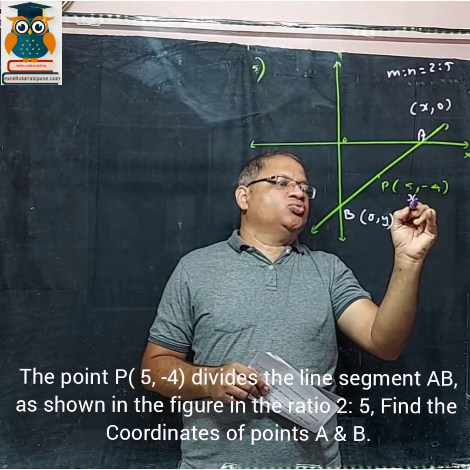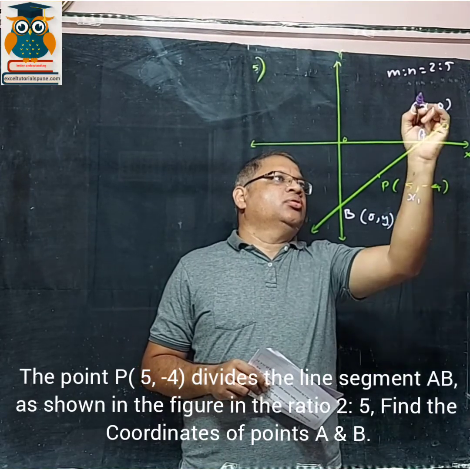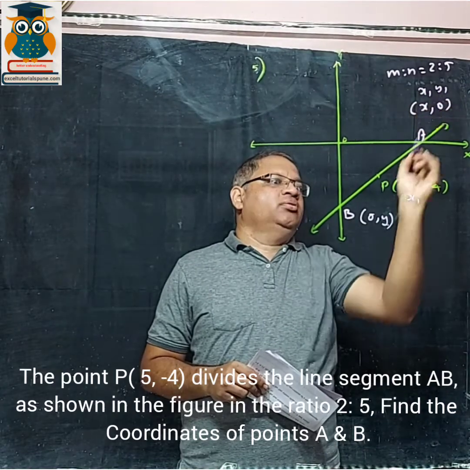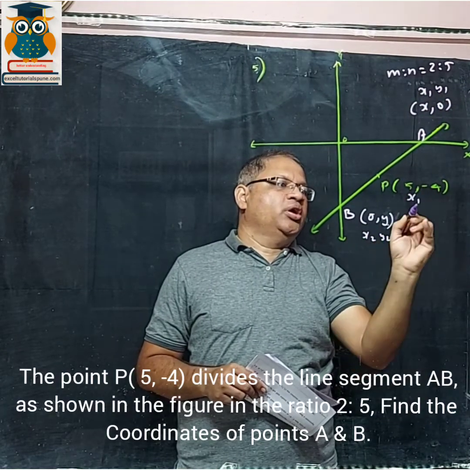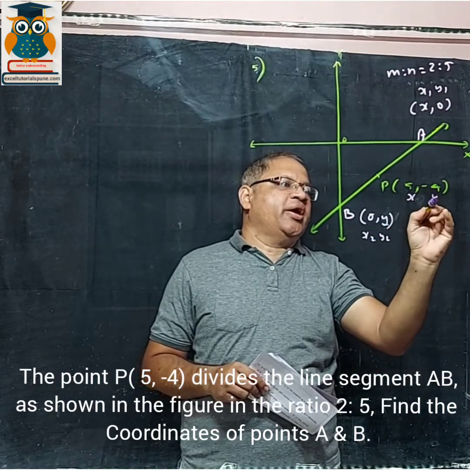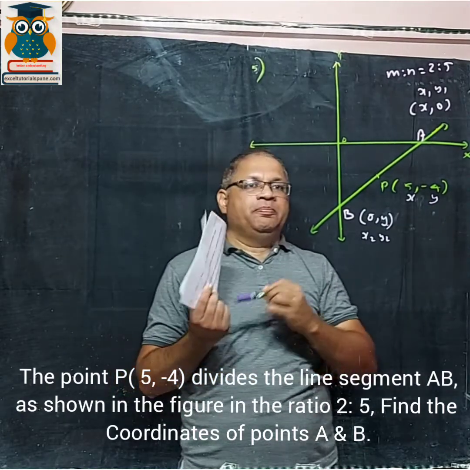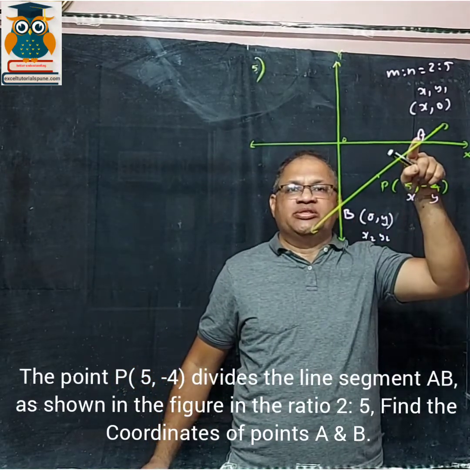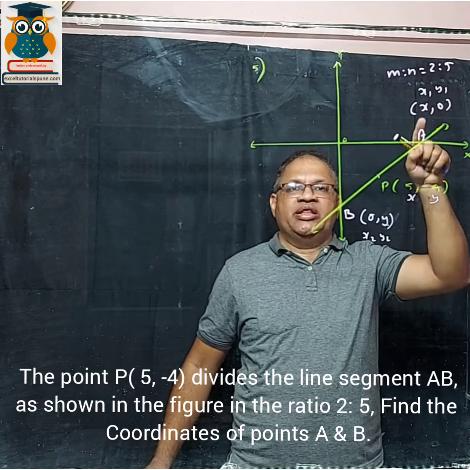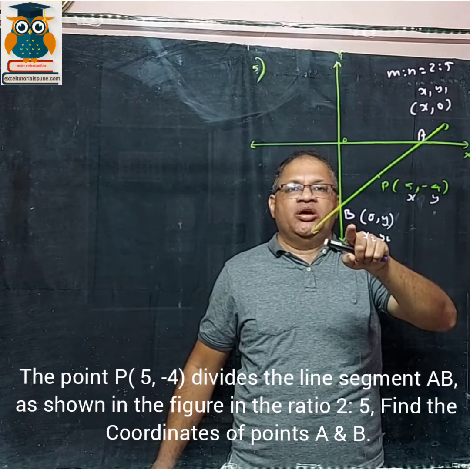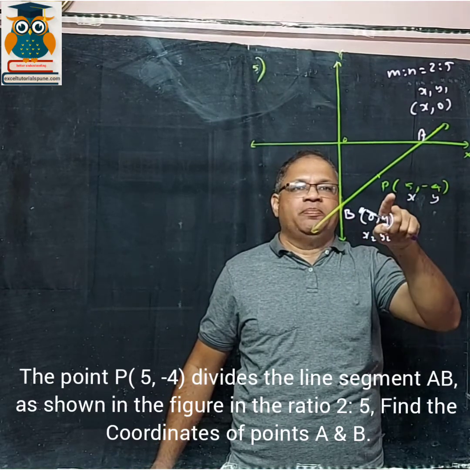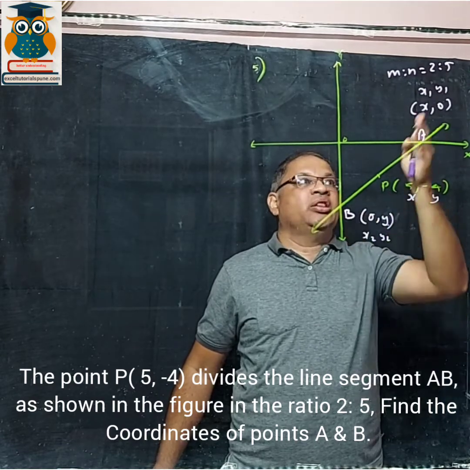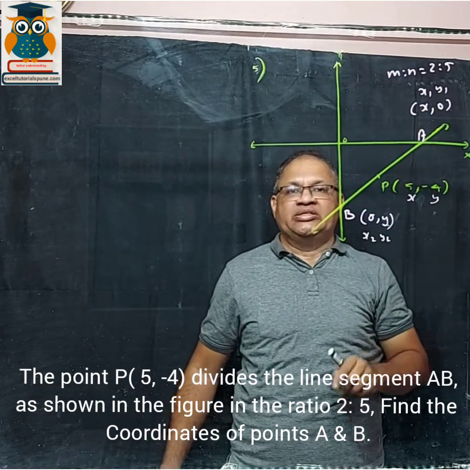This is your x1. Now take this as x1, y1. This as x2, y2. And this you take as x and y. So whenever P divides AB, A comes first. So whatever comes first, take that as x1, y1. B comes last, x2, y2. And P which divides AB in the ratio 2:5, take this as x and y.